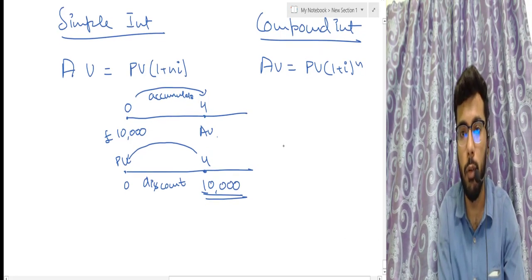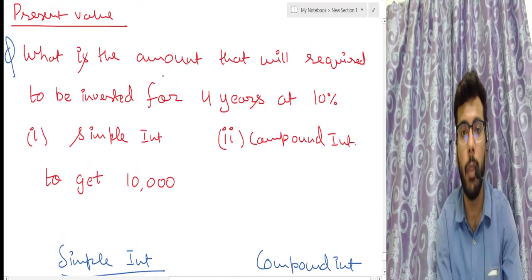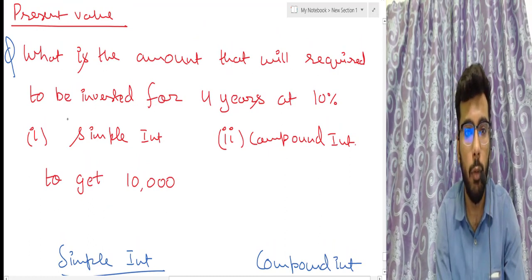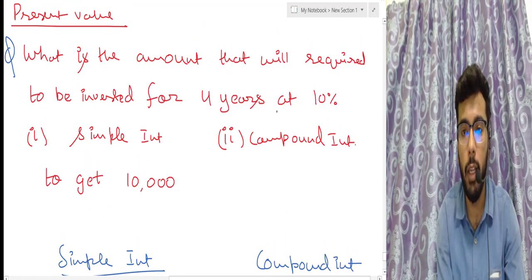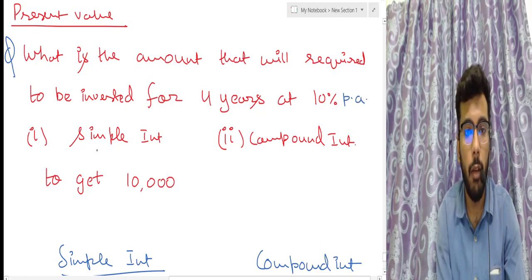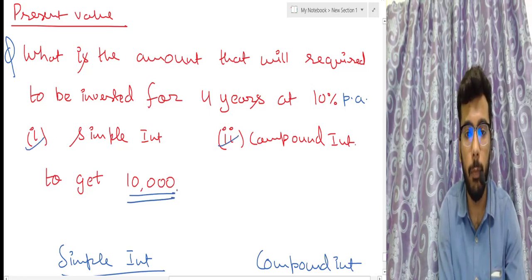Now let's move to an example of how we do this. So let's take this question. What is the amount that will be required to be invested for 4 years at 10% per annum with simple interest, part A, and compound interest, part B, to get 10,000?